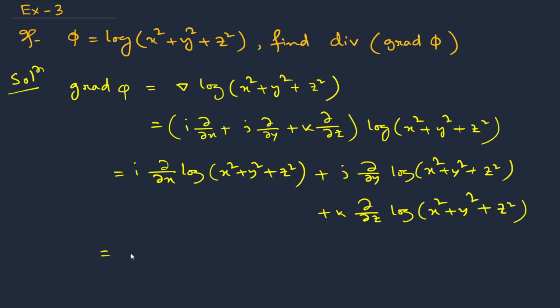Now it's a simple differentiation. So d/dx of log is 1 by x square plus y square plus z square, and then again by chain rule we have to differentiate this with respect to x. So derivative of x square is how much? Twice x.